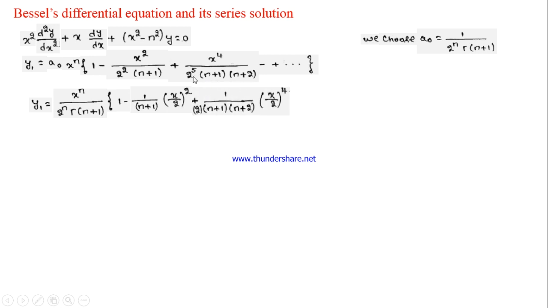I will just write 2 power 4 with x power 4, and 1 2 is kept outside, and so on.